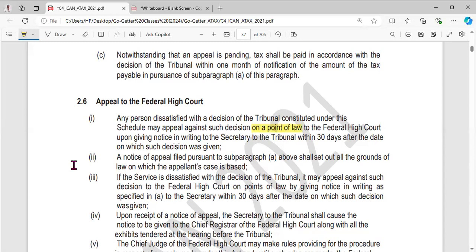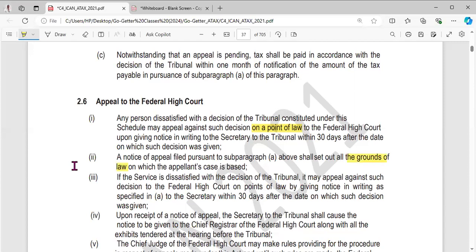A notice of appeal filed pursuant to subparagraph A shall set out all the grounds of law on which the appellant's case is based. So when you are saying it to the Federal High Court, you are giving a point of law.